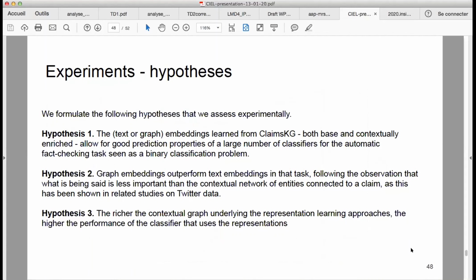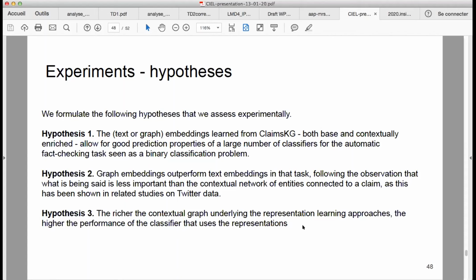We had three hypotheses that we had formulated here. The first is that the text or graph embeddings learned from Claims.kg, both the base version and contextually enriched version of the data, allow for good prediction properties of a large number of classifiers for the fact-checking task. So fact-checking here again is seen as a binary classification problem.